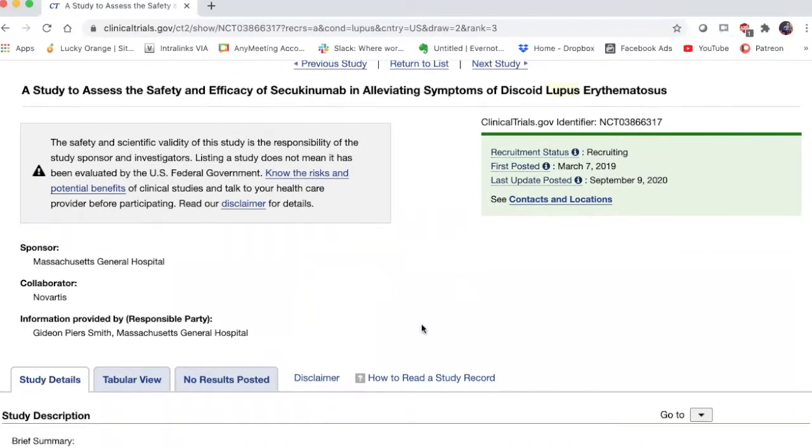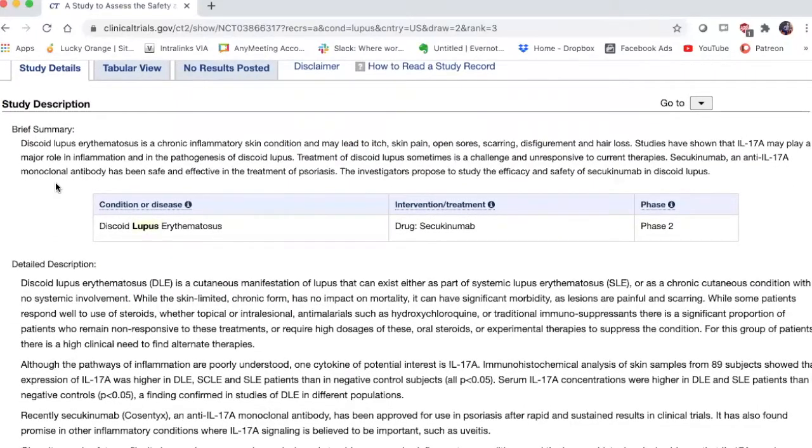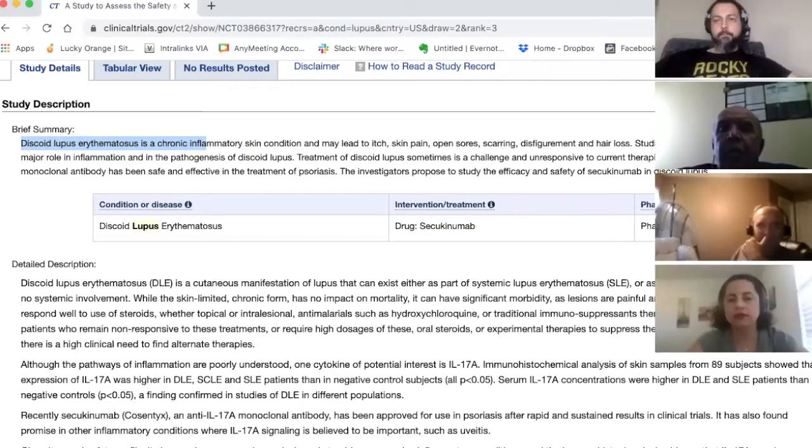So let's look at how many sites are doing this. They define it here as a chronic inflammatory skin condition that may lead to itch. Dr. Al, what is lupus, just to make it simple? Discoid is one entity of lupus. Lupus is an autoimmune condition that can attack multiple parts of the body.